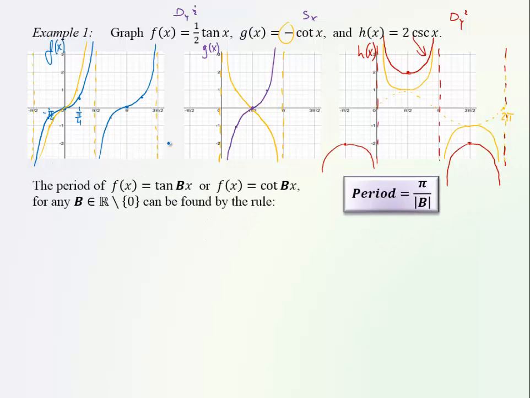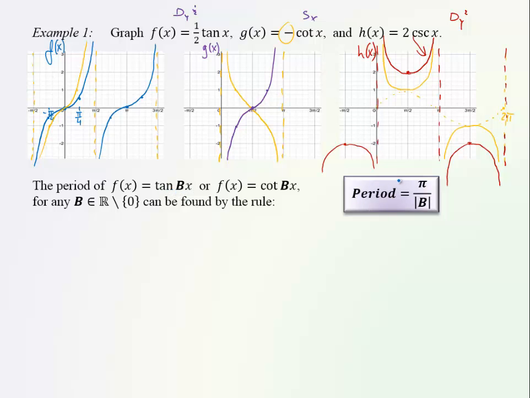So the previous exercise was to apply stretching or shrinking vertically. And now how do we deal with stretching or shrinking horizontally? If we want to graph functions like tangent or cotangent of b times x, where b is any real number except for 0, then it's a good idea to know the period of the new function, how the period changes.